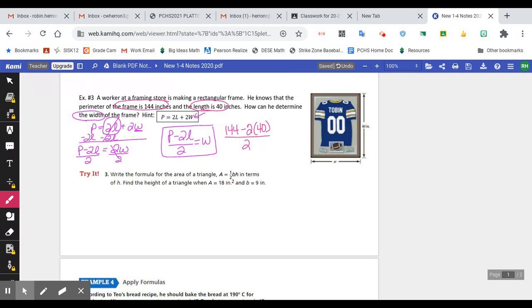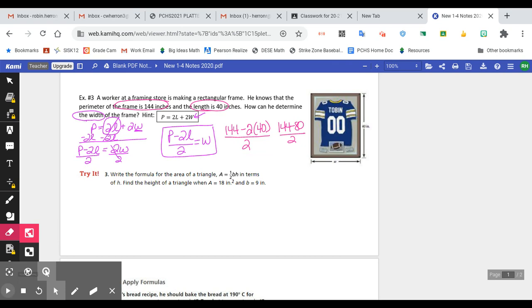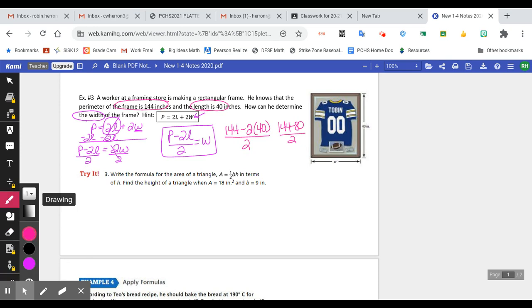And if you type that in your calculator, you get 144 minus 80 over 2. 144 minus 80 is 64. So 64 divided by 2 equals 32 inches for the width.